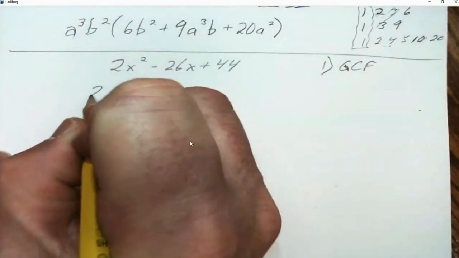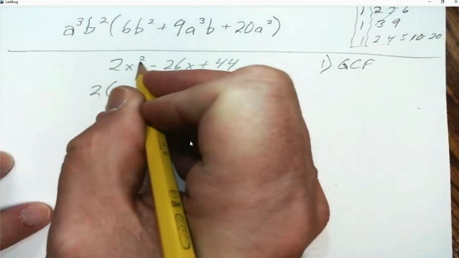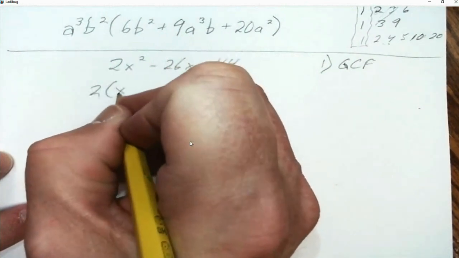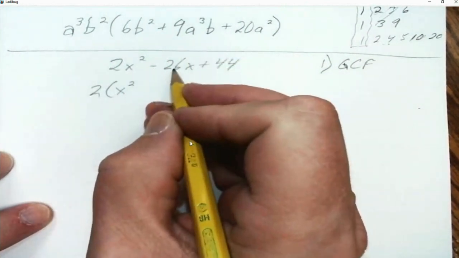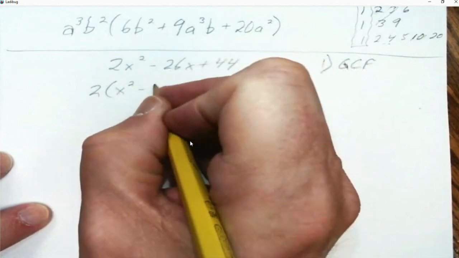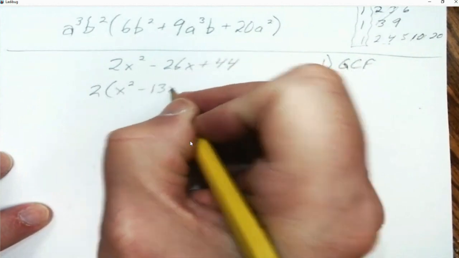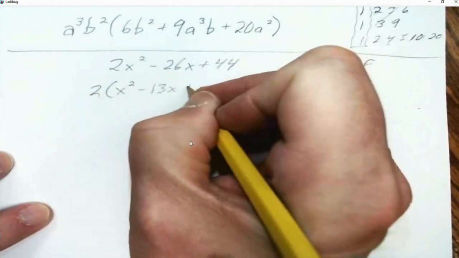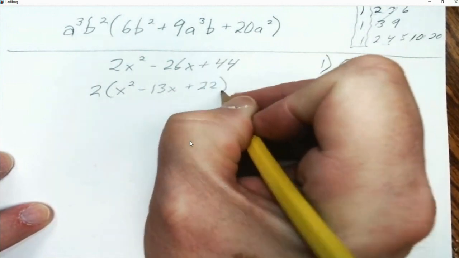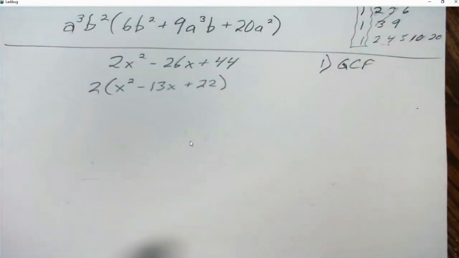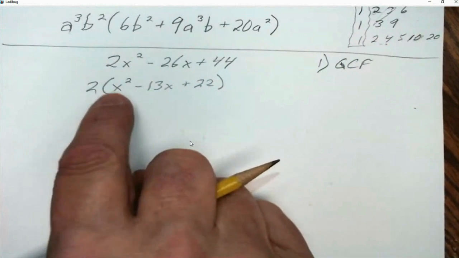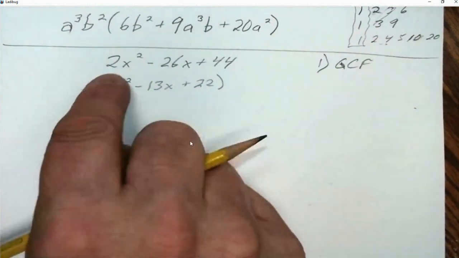So we pull 2 out: 2x squared divided by 2, negative 26x divided by 2, and 44 divided by 2. Oh, this looks a lot easier to factor. When we just have an x squared, it's a lot easier than when we have a 2x squared.